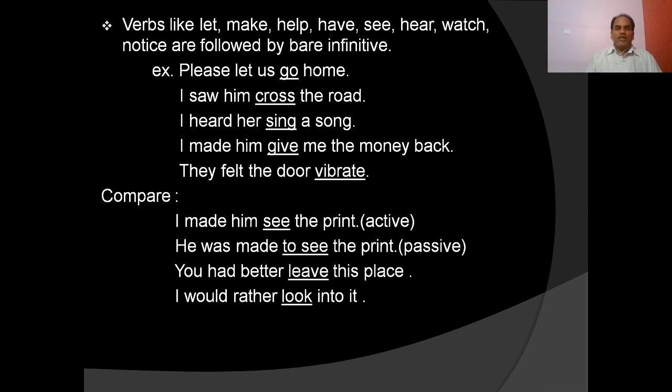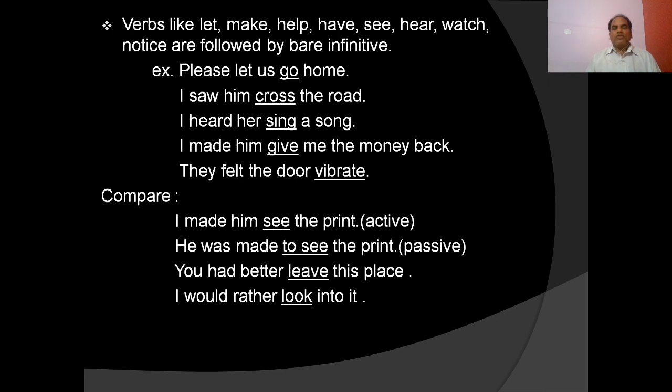So when the main verb is make, we usually use a bare infinitive after it, as in the first sentence, I made him see the print. See, a bare infinitive, is used after the verb make. But in the second sentence, after the main verb make, to see, a to infinitive, is used.